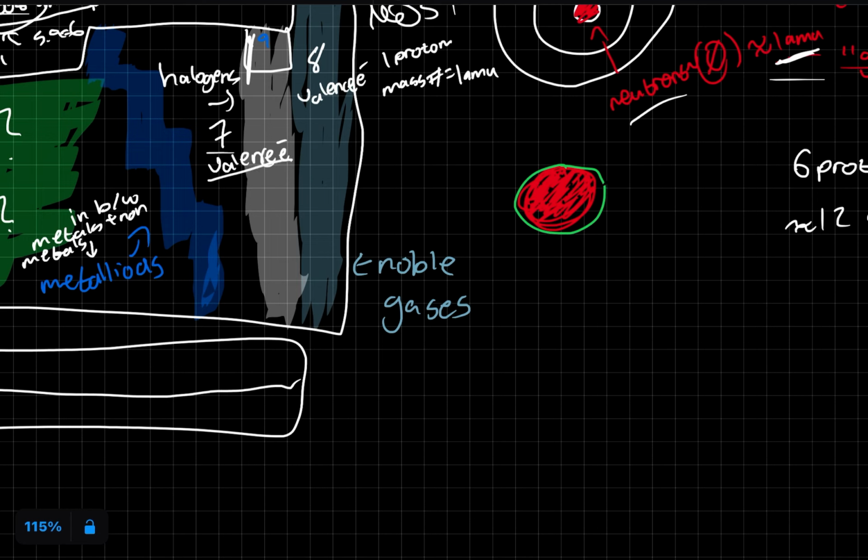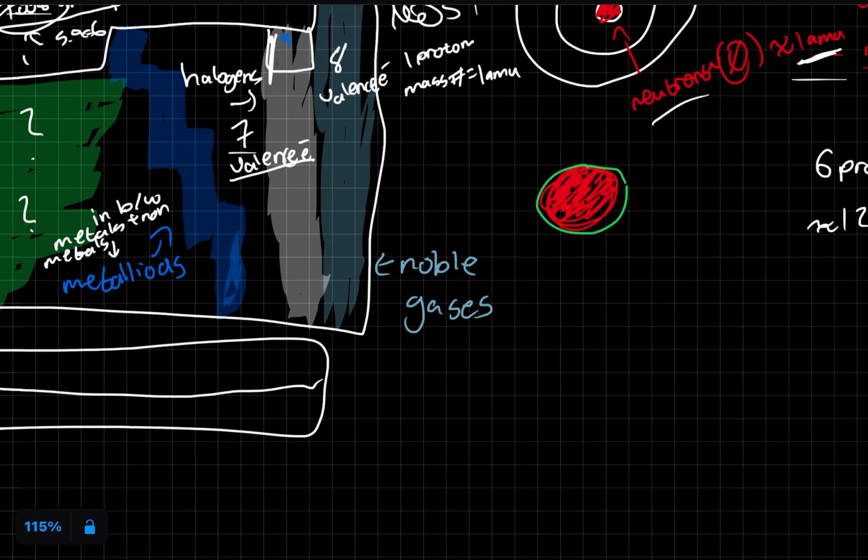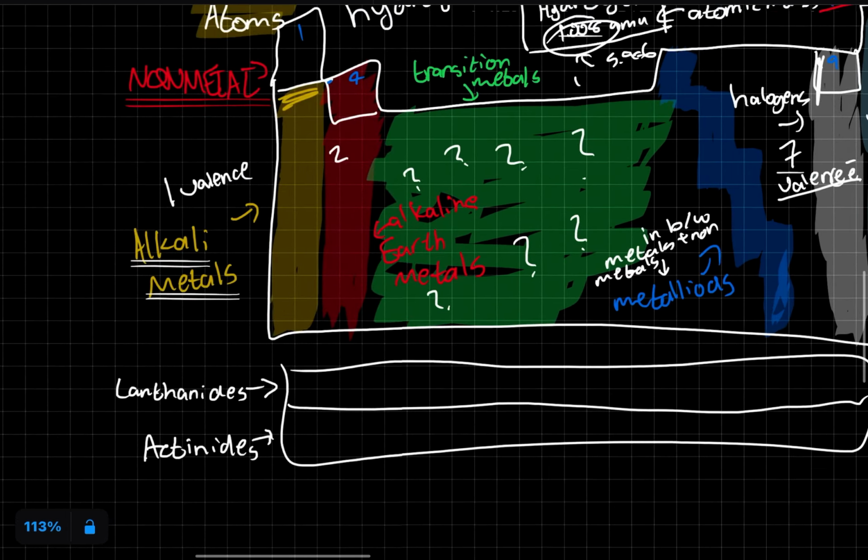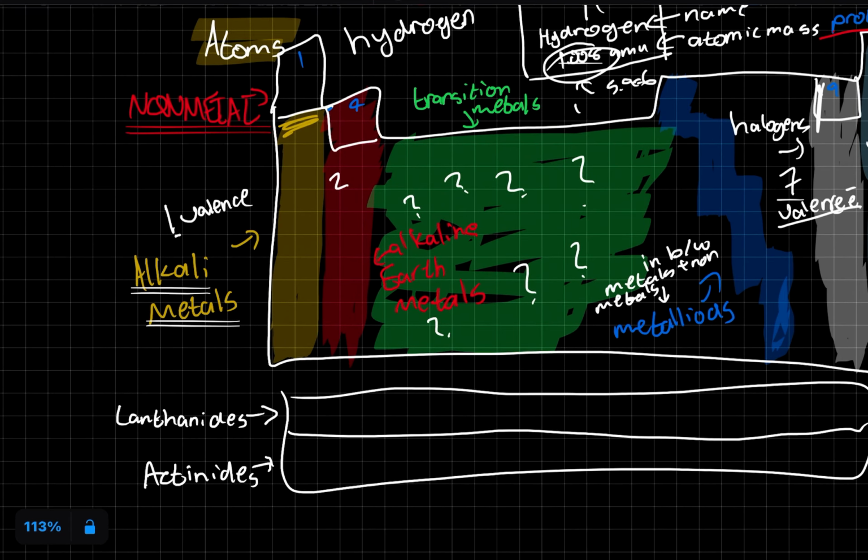The halogens, with 7 valence electrons, are very prone to bonding because they just need one more valence electron to be happy. The alkali metals also love to bond because they just need to lose that one valence electron to be happy. Because once they lose that one valence electron, they have other shells.